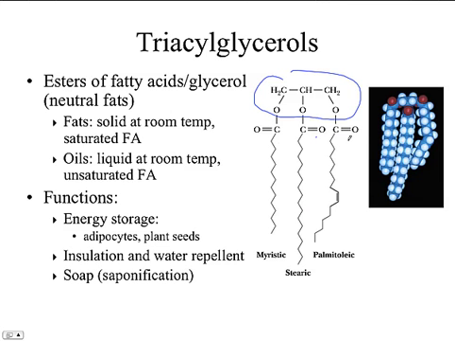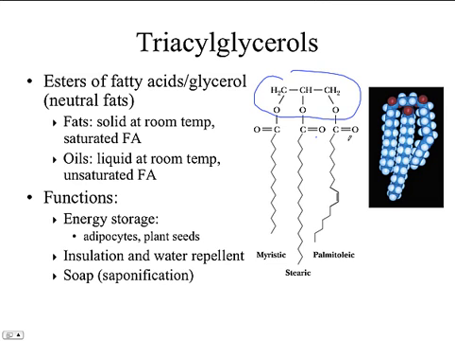Since this is our predominant form of fat that we find in the diet, we can classify fats according to what kind of fatty acids are attached. Something that is considered a fat would generally be a solid at room temperature and contain predominantly saturated fatty acids, whereas something considered an oil would be a liquid at room temperature and contain a fairly large amount of unsaturated fatty acids.